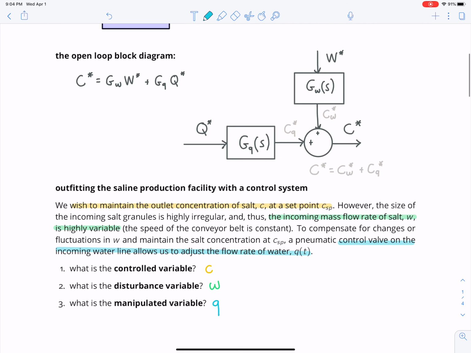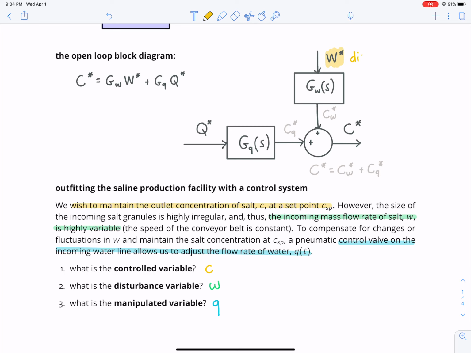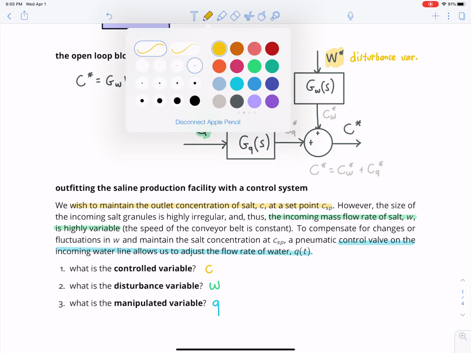Okay, so we'll draw these up here. So this is the disturbance variable. And this is the manipulated variable.